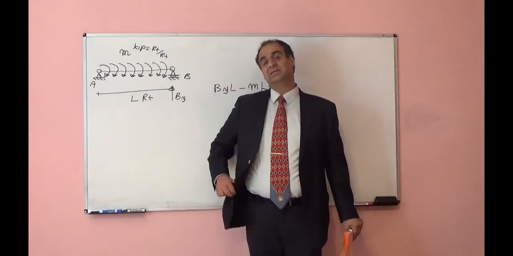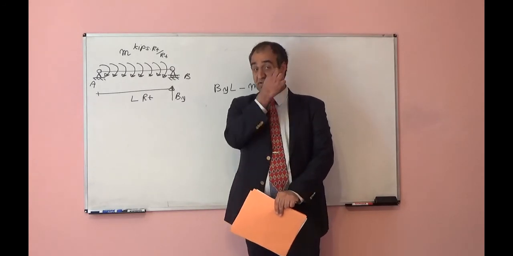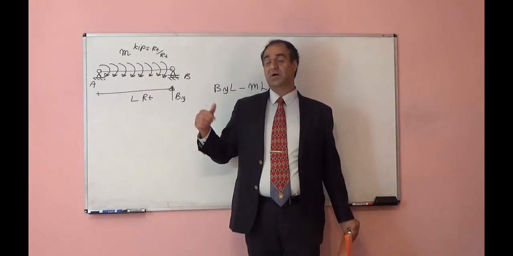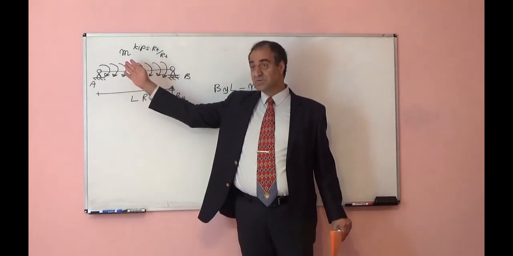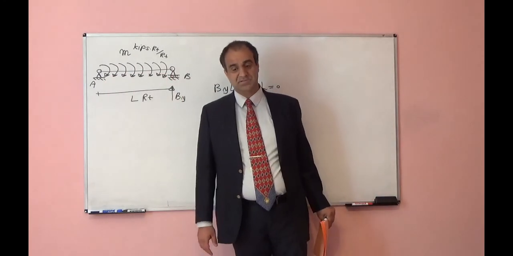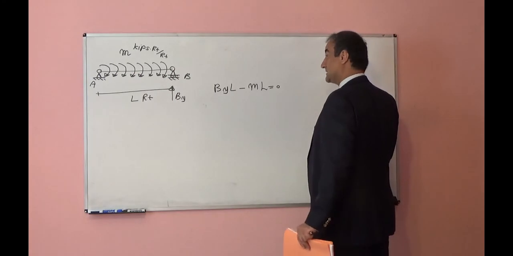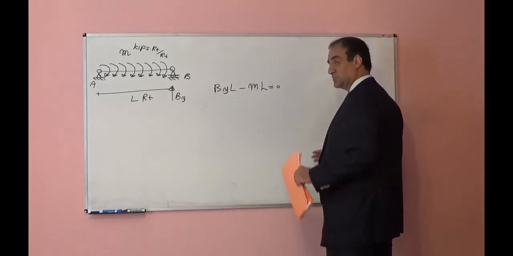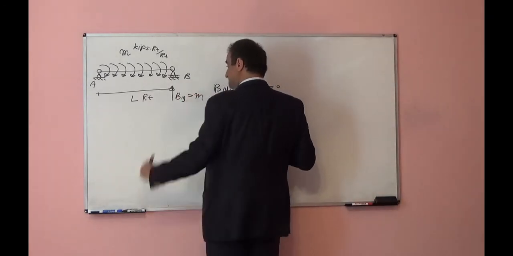Q times L will be resultant force. Force times distance will create moment, so you need to multiply by another L over 2. Here it is moment, so distributed moment intensity times L will give us the resultant moment, so it will be By times L minus m times L is equal to 0.